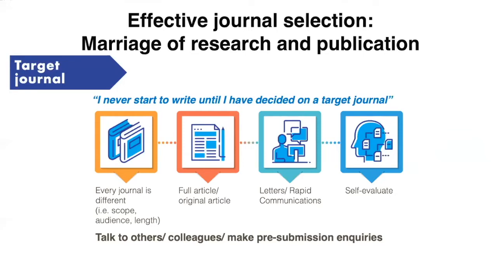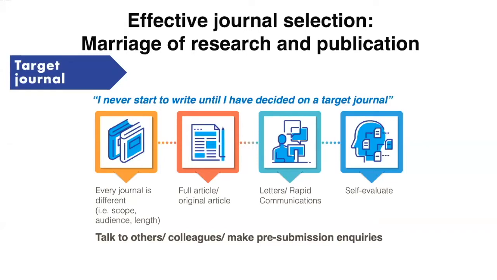How can you decide where an appropriate journal for your research submissions could be? Well, talk to other people. Talk to colleagues, network with editors, which is something that authors around the world certainly don't do enough of, reaching out to editors at those international journals and making what we call pre-submission inquiries. We've talked about this a lot in other events.